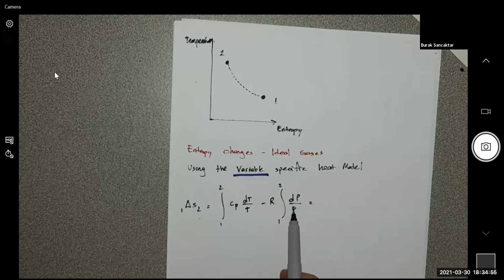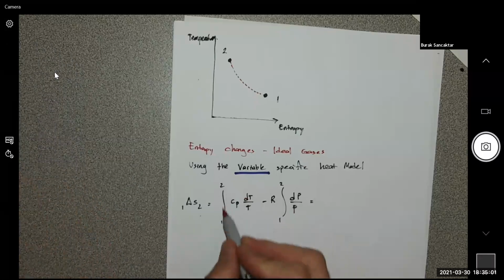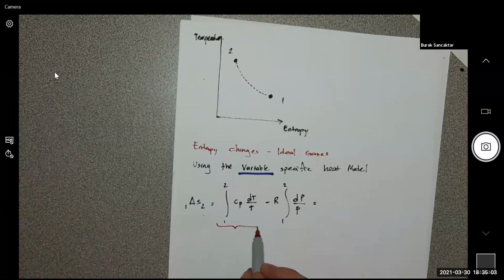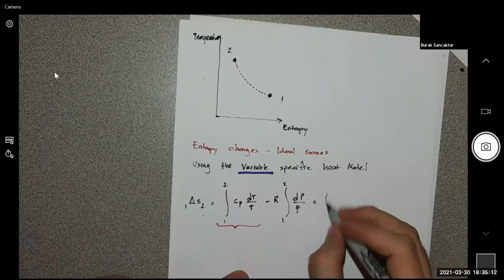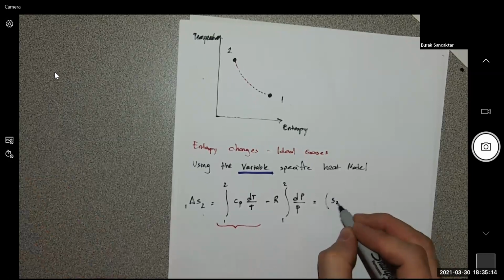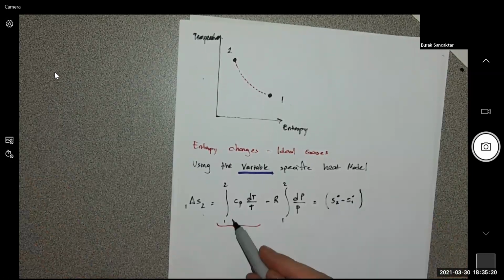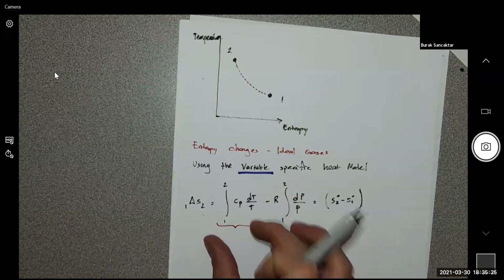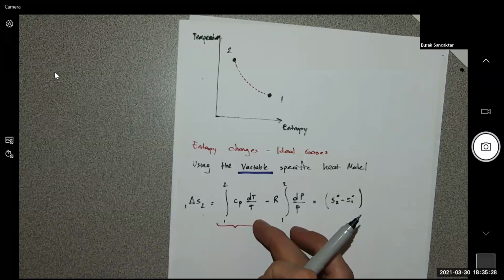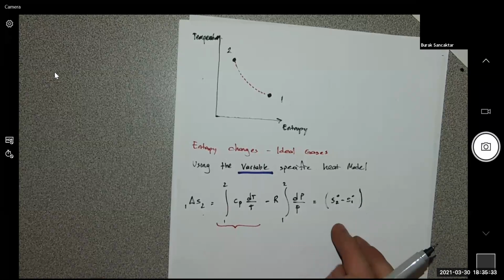So here, instead of solving this integration, there's a new parameter that I can extract from a table, which is S0 at state 2 minus S0 at state 1. Someone solved this integration as a function of temperature for the variable specific heat model and tabulated it for us, and we go and read it from the ideal gas table.